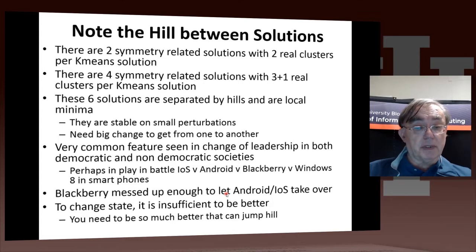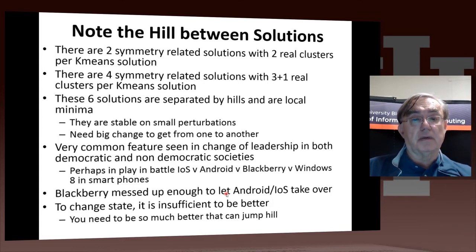Even if BlackBerry and Windows 8 are better, which we don't want to discuss, that's not important for this lecture, the fact that iOS and Android are sitting there with a lot of market share is very hard to dislodge because that's a stable situation. You have to do something drastic. You have to come up with a major change to get out of these minima.